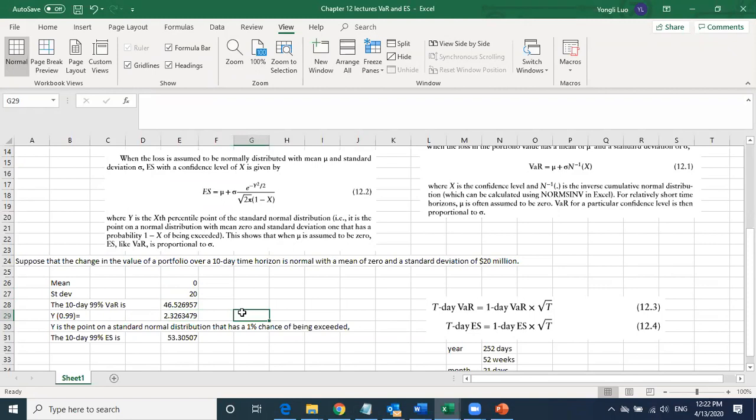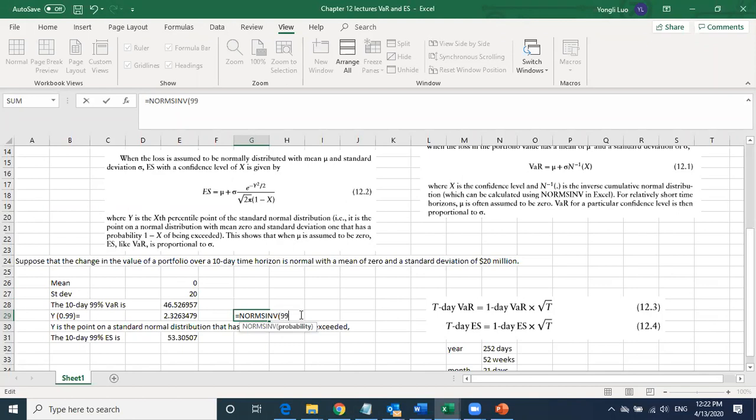Y is equal to NORM.S.INV, the inverse of the normal function, like the n raised to the power of -1. Once you open the parentheses, it asks you for the probability, the 99% confidence level.